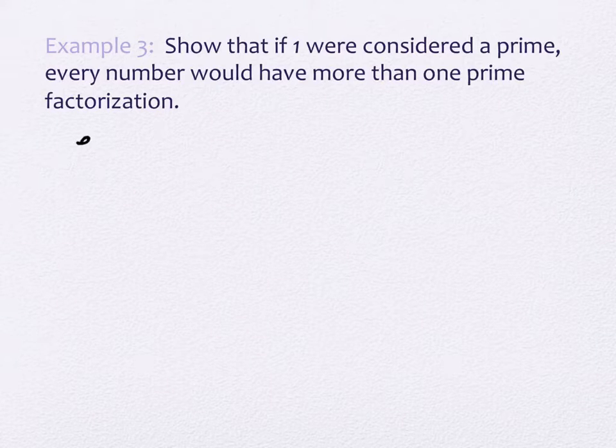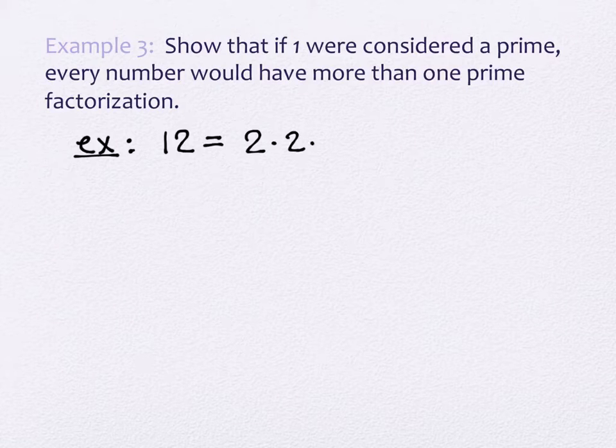So I'm going to use that same example I had before because we already did it, 12. And we found that the prime factorization was 2 times 2 times 3. And you all nodded your heads and were like, yeah, that's good, right? That's my prime factorization. Well, the problem here is that if the number 1 were considered a prime number, then we would also have this as a prime factorization.